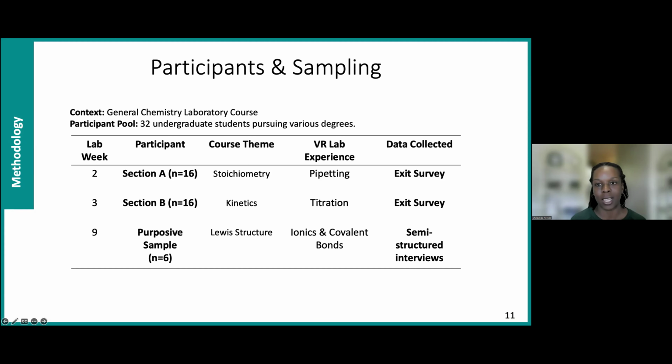The exit survey asks various questions like their background, ethnicity, demographic questions, and their perspective of the virtual laboratory. To identify the participants in the purposive sample, they each completed the exit survey, and the participant pool was derived from there. We intentionally picked what we assumed was a variety of students, students who did not come from the same background.